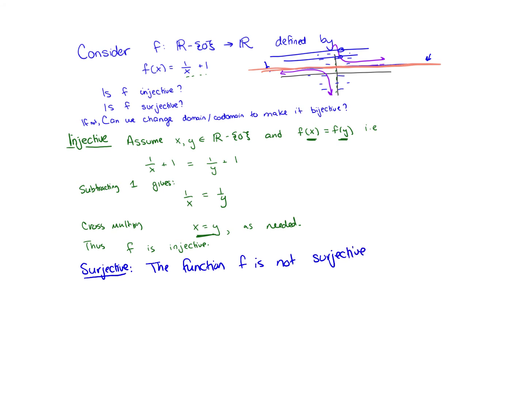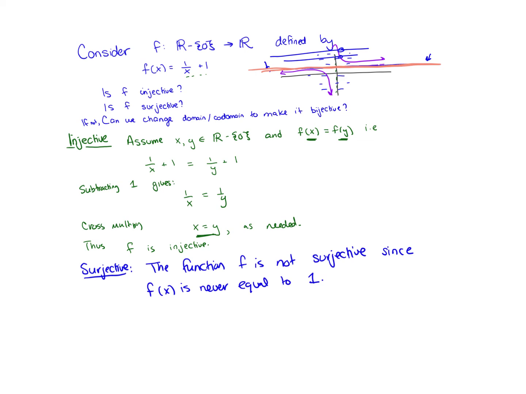And to show it's not surjective, I can just say what it doesn't hit, right? Since f of x is never equal to 1. Now I actually have to show why it's never equal to 1.